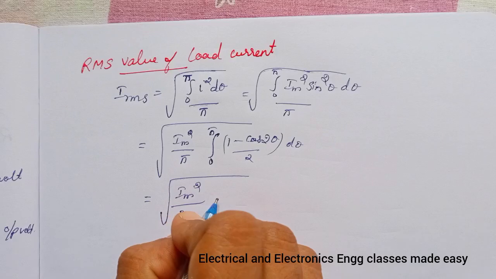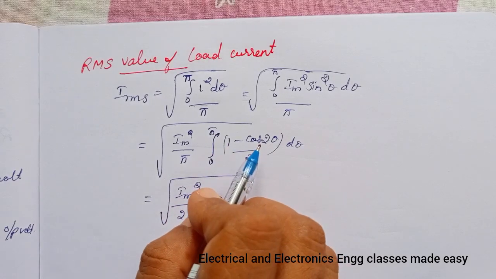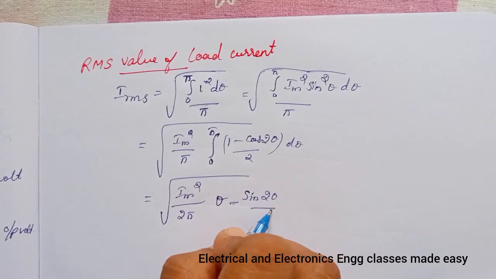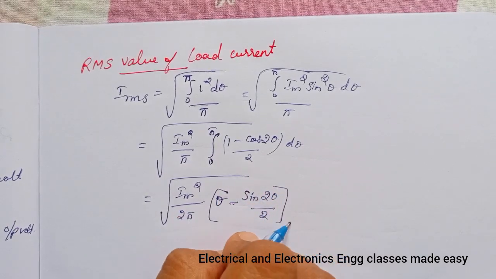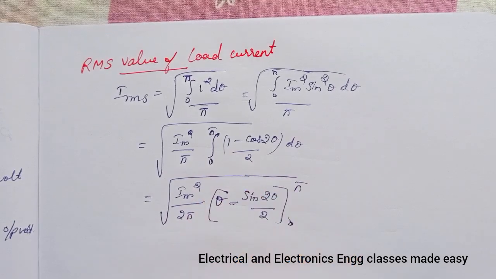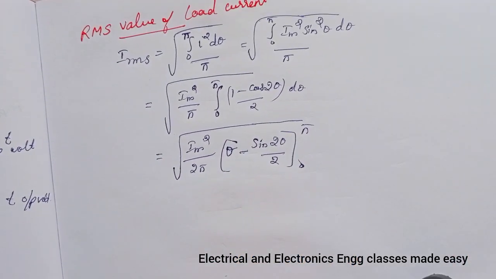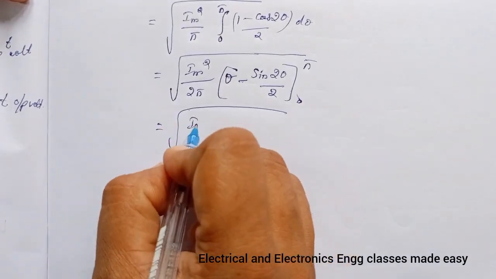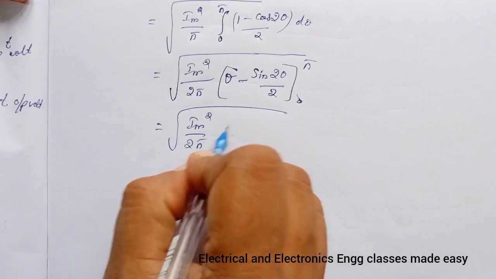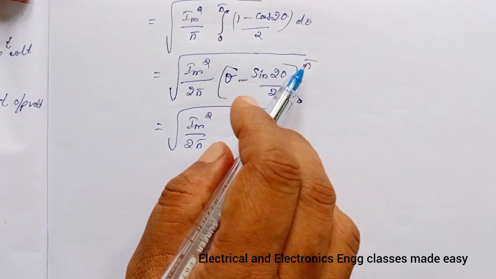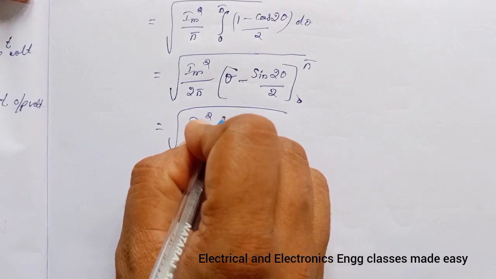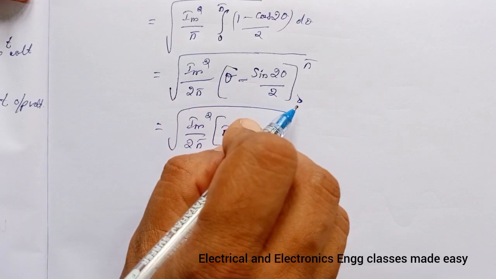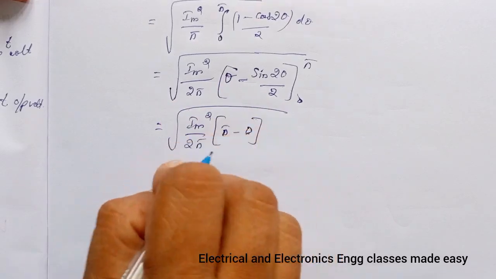The integral of 1 is theta, minus the integral of cos 2 theta, which is sin 2 theta divided by 2, to the limit 0 to pi. Applying the upper limit we get pi minus sin 2 pi, which is 0, then applying the lower limit we get 0.